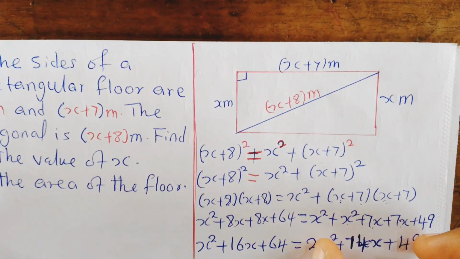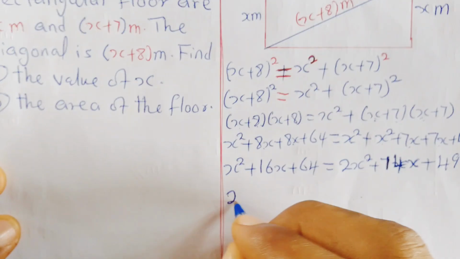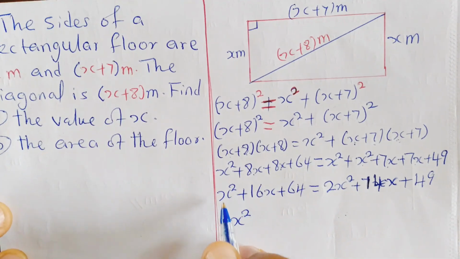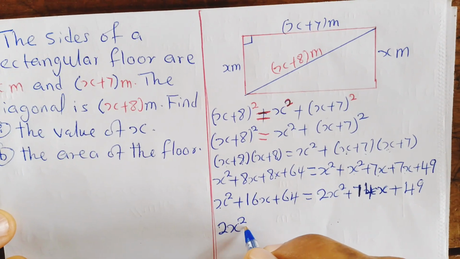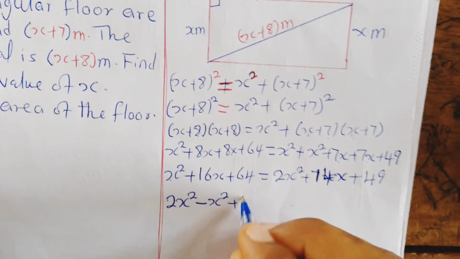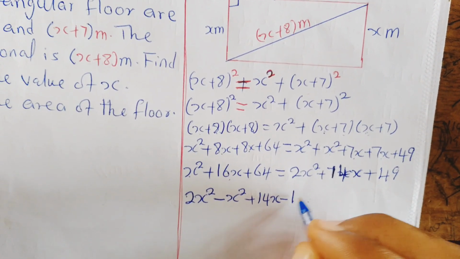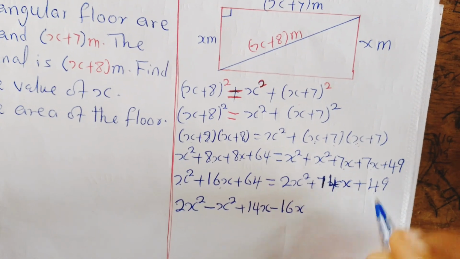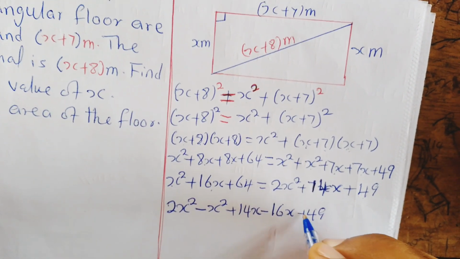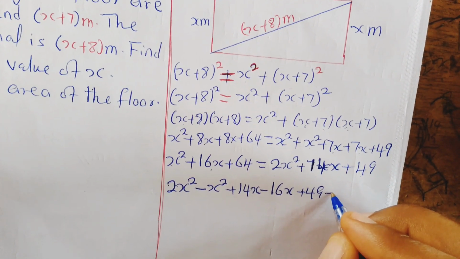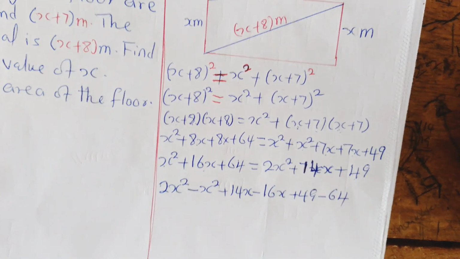I'll be having 2x squared, this is x squared, so it becomes minus x squared. Then plus 14x, this is 16x, so it will become minus 16x. This is plus 49, this becomes minus 64.